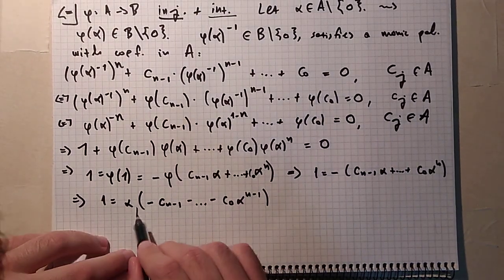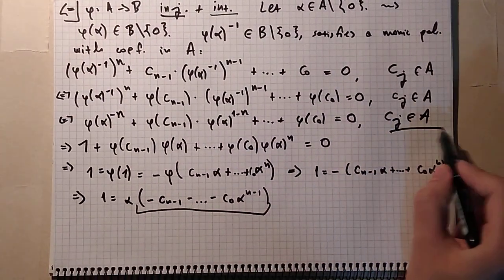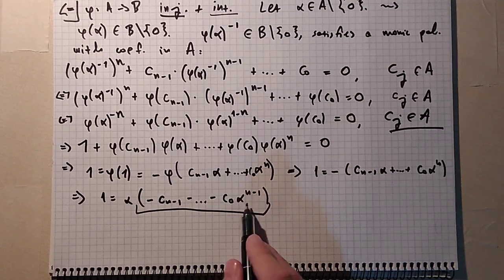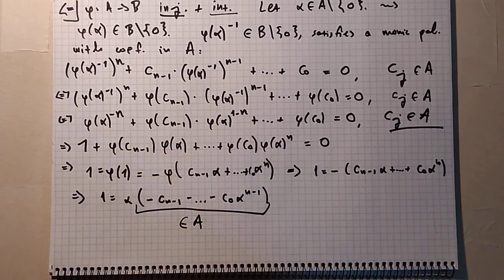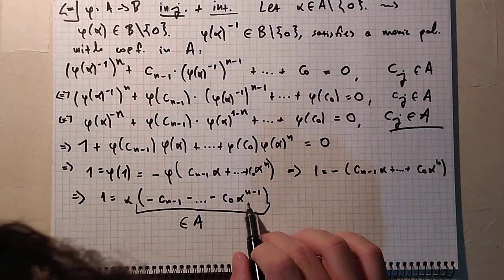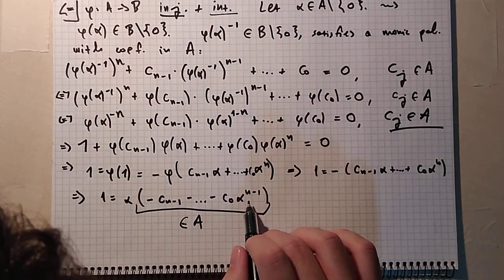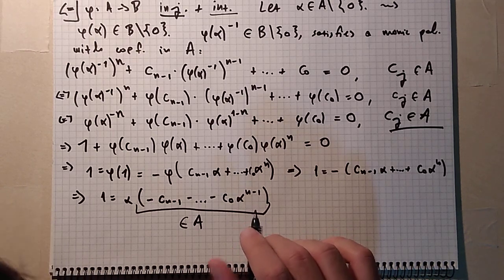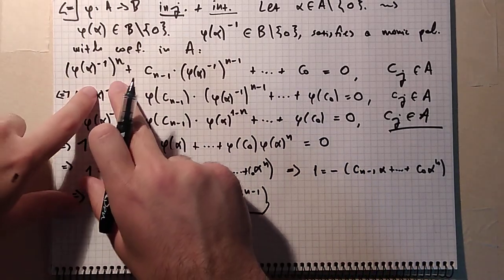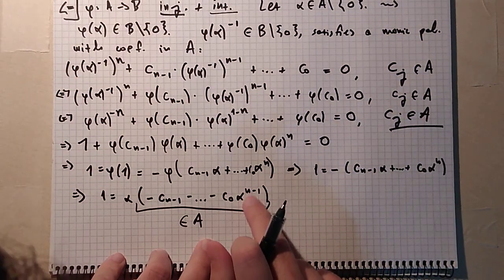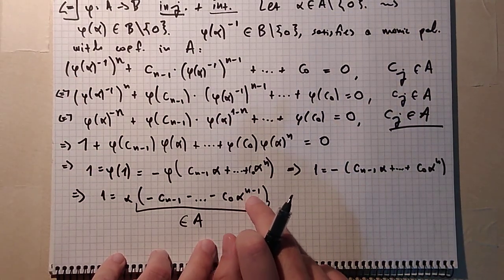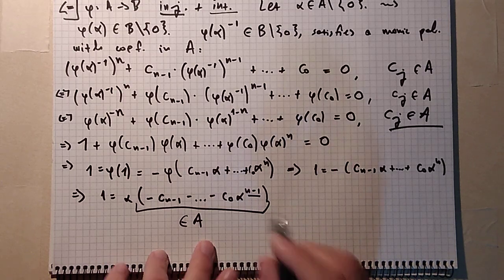And since the coefficients here lived in A and the alpha also lived in A, everything inside this parenthesis is just an element of A. And also notice that n cannot be equal to 0, otherwise this equation wouldn't really make any sense, which means that the exponent is at least 0, n minus 1, right?